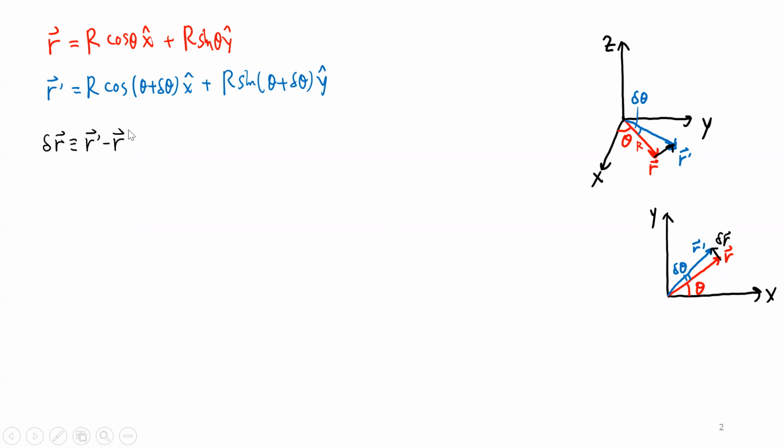Anyway, now I want to find the expression for this delta R. One thing here is that, as I said, this delta theta is very small.